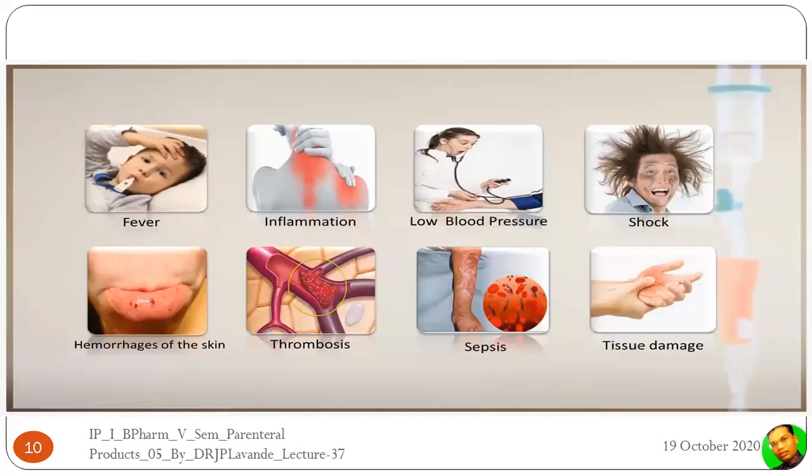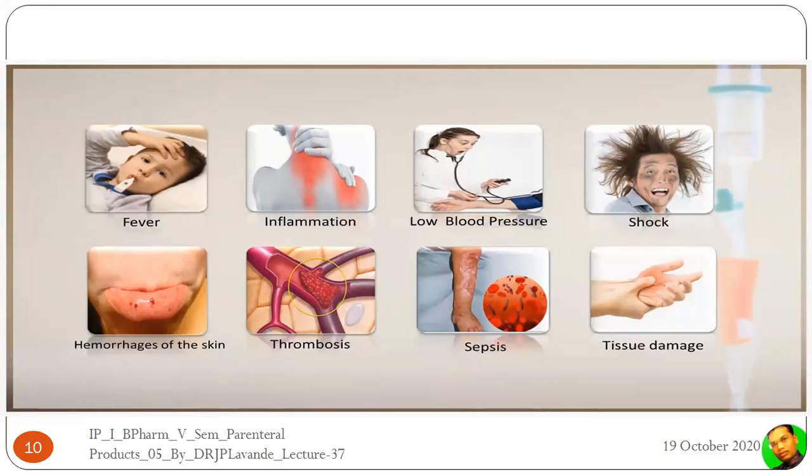Now, when they remain in the parenteral product and it goes into the body, it shows a series of reactions and effects in the form of a rise in body temperature, that is the fever. There is redness, there is pain, that is swelling, popularly known as inflammation. There is a fall in blood pressure, that is low blood pressure, that will lead to shock conditions.